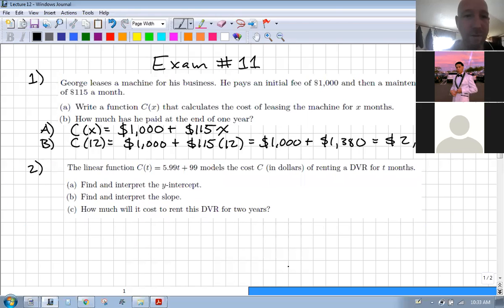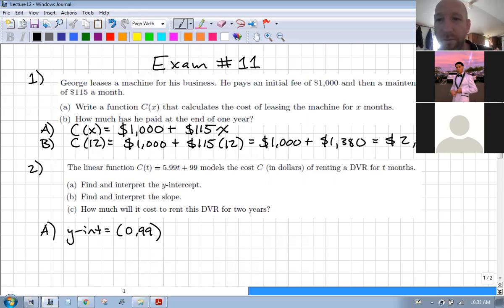All right, number two, find and interpret the y-intercept. If you plug a 0 in, you're left with simply 99 here, right? So the y-intercept would be the point (0, 99). Interpret it. Let's see, it's a linear function. It models the cost C in dollars of renting a DVR for T months.